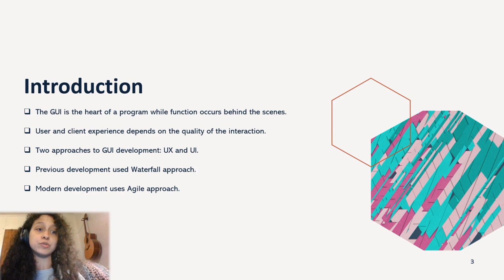There are two main approaches to GUI development: UX, or user experience, and UI, user interface design. Previous development approaches used a waterfall approach, which we will briefly discuss going forward, and modern development largely uses the agile methodology. Let's get started.